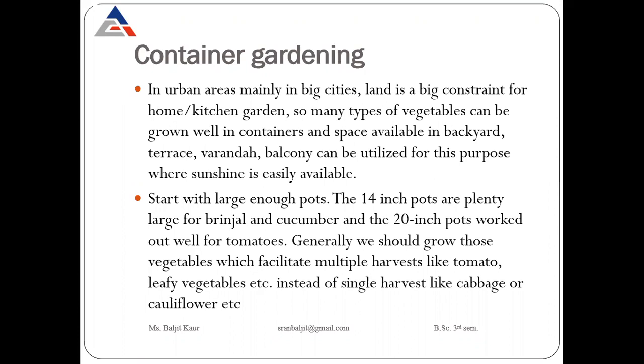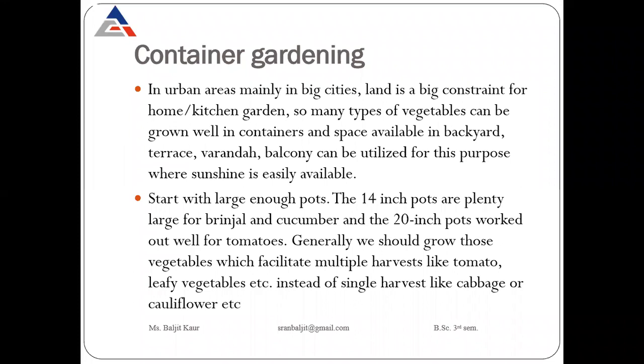And where sunlight or sunshine is easily available, right? So container gardening can be done, and we can use large pots. 14-inch pots are plenty large for brinjal and cucumber, and 20-inch pots work well for tomatoes, right?